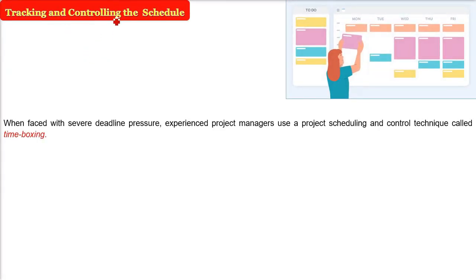Now here is a concept called time boxing. Market-driven projects are bound to give you a deadline. So when you are faced with severe deadline pressure as a project manager, and if you are experienced, you will use a project scheduling and control technique called time boxing.